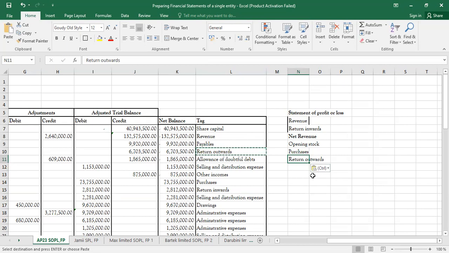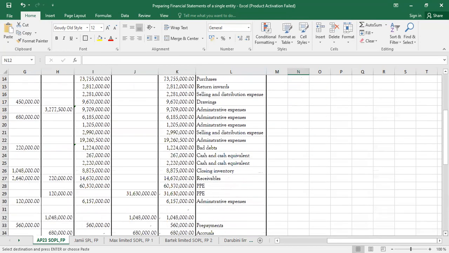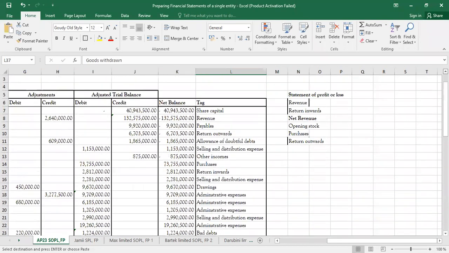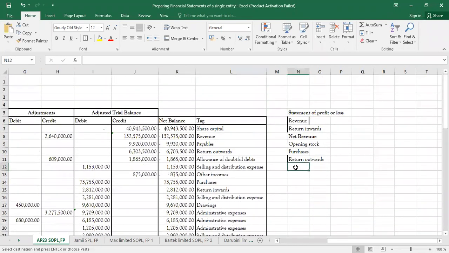Then after return outward, we have goods withdrawn. We're just using these things that were here. We have goods withdrawn to reduce our purchases. I'll just copy it, then Control V. Then we also have closing inventory.